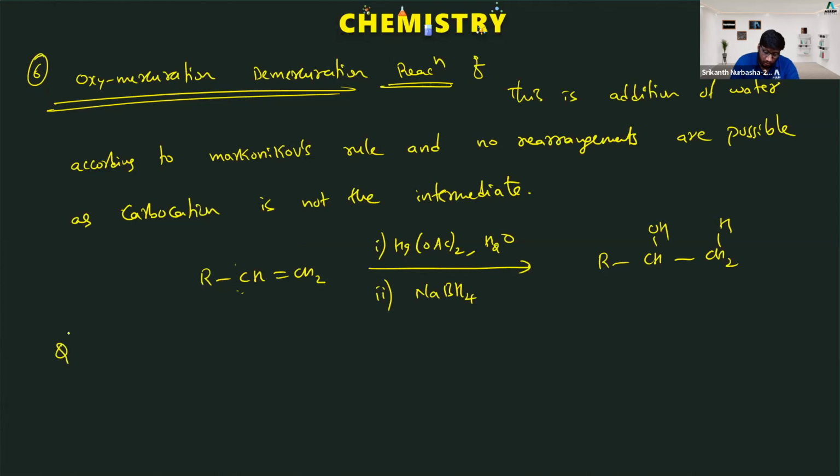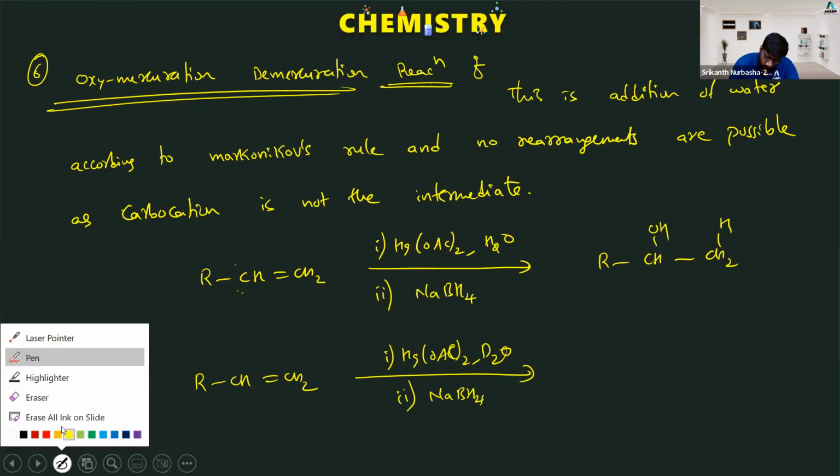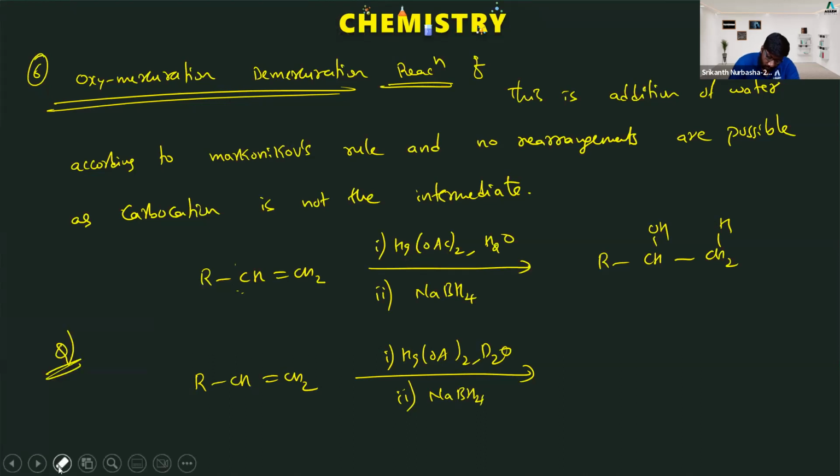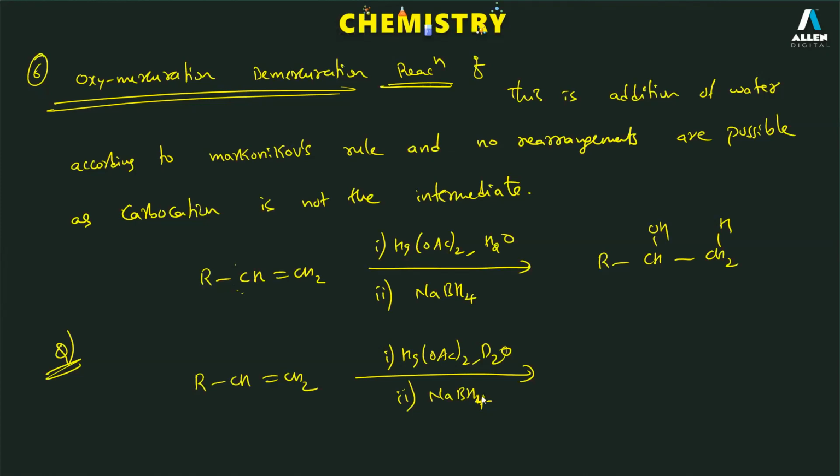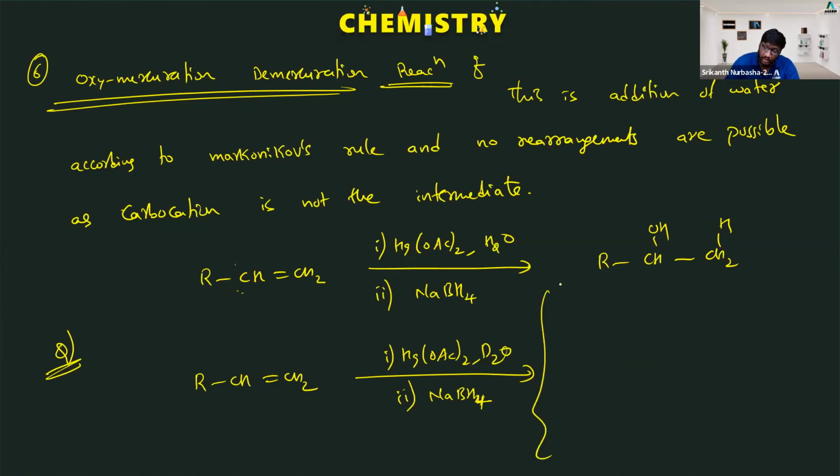Now I'll ask a question. What is the product of this reaction? RCH=CH2 treated with Hg(OAc)2, D2O and NaBH4. OAc means what, students? Acetate. Okay. Hg(OCOCH3)2, that group. So what happens in this case? I'll give a set of options.